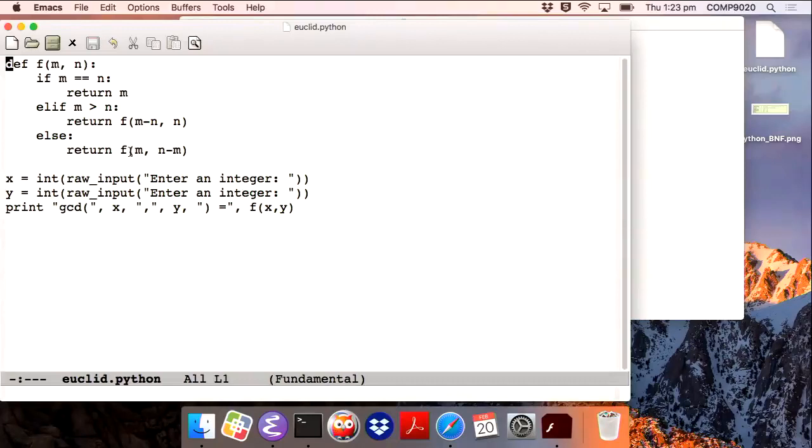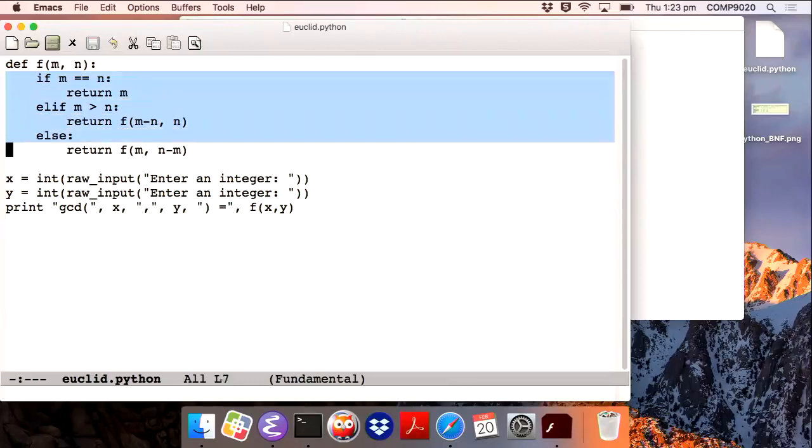Now, for this particular program, I have chosen Python to implement this, assuming that many of you are also enrolled in the parallel course Introduction to Programming, where you will write programs of this syntax. But you can use any other programming language in order to implement the same algorithm. Here you can see I'm defining this function f of m and n, and I've got these three cases.